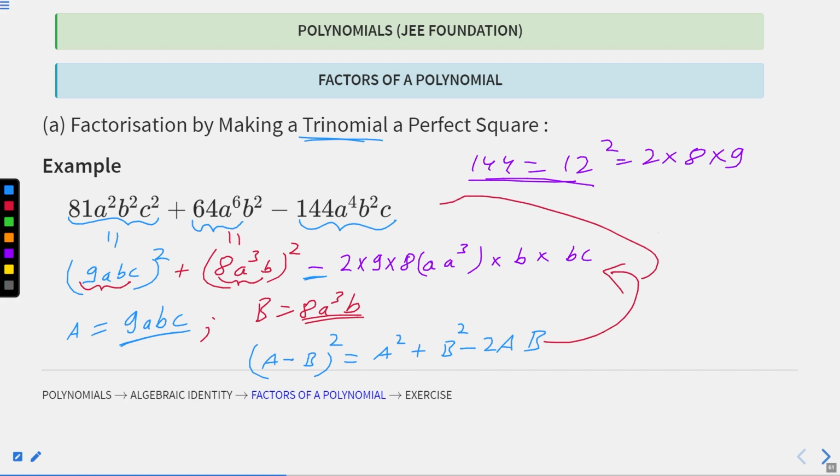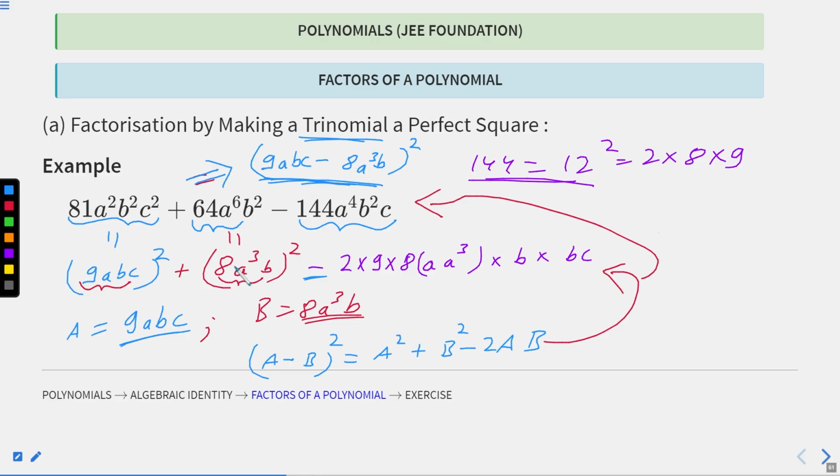So this whole term is equal to just a minus b, where a is my 9abc and b is my 8a cube b. Then it will become ab whole square. So this whole trinomial is now just a perfect square, it is just this.